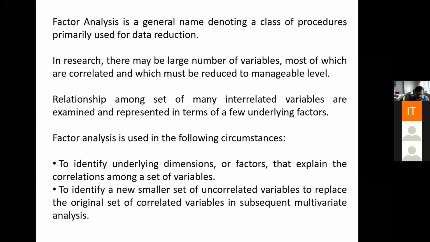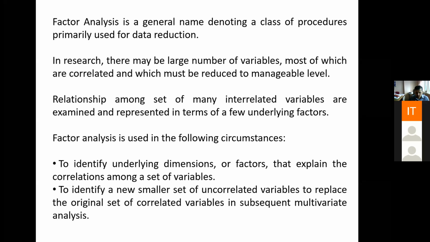So the statements which get combined into a particular factor are primarily the statements which have a high correlation among themselves. Therefore, factor analysis identifies underlying dimensions or factors that explain the correlations among a set of variables.